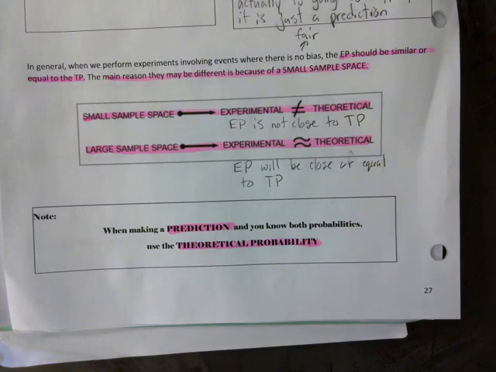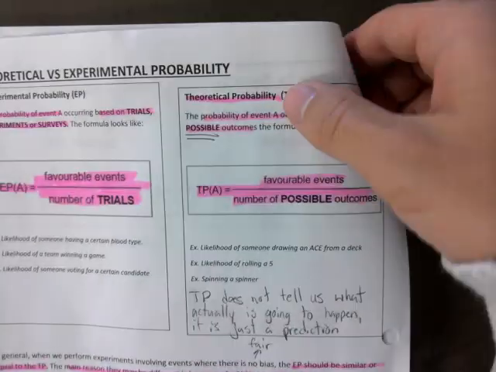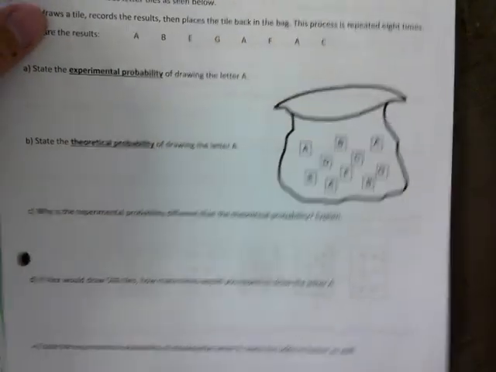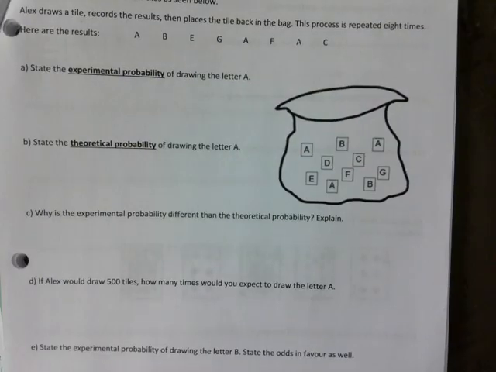So when we make a prediction and we do know both, we want to use the theoretical probability. So let's do some examples here, and then I'll give you a chance to try these out on your own as well.